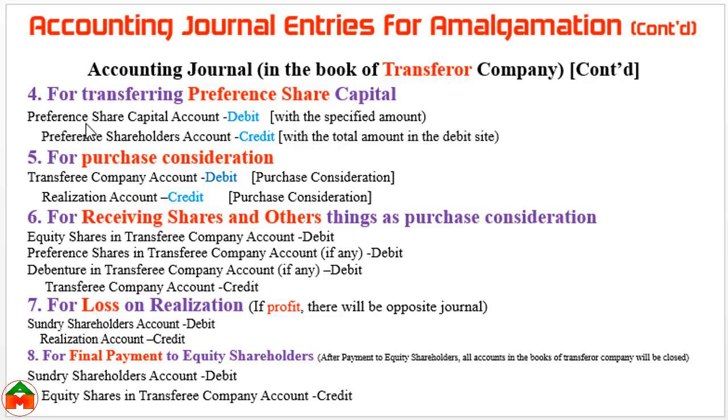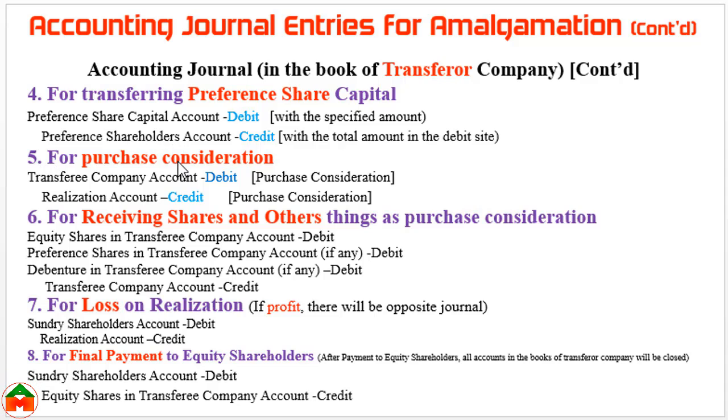Although this is a credit item, we are showing it on the debit side because we are going to remove it by doing this journalizing process. So preference share capital debit and preference shareholders account credit, because ultimately the transferee company will provide preference shares. That's why it will be shown on the credit side as a shareholders account.